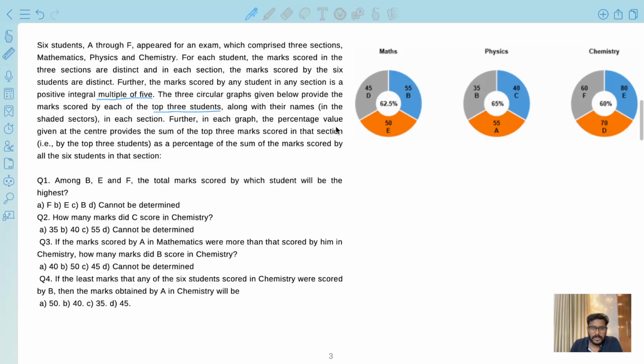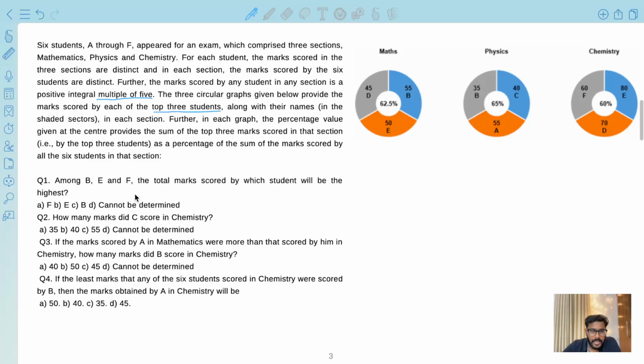Further, in each graph, the percentage value given at the center provides the sum of the top three marks scored in that section, as a percentage of the sum of the marks scored by all the six students in that section.